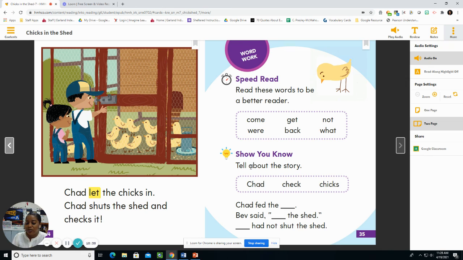What does Chad do after he shuts the shed and why? Chad checks the shed because he learned from his mistake. He wants to be very careful not to let the chicks out again.